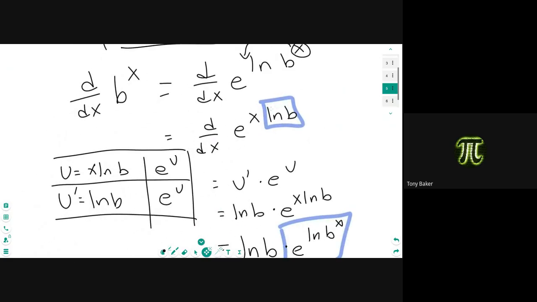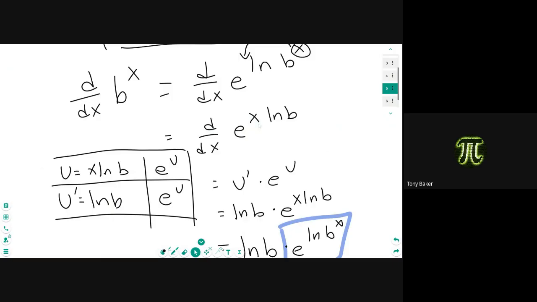Now I have e to the x ln of b. Correct? Yes? Okay. So now I'm going to use the chain rule to take the derivative of this. The derivative of the top piece up here ends up being just ln of b, because the x goes away based on the power rule.